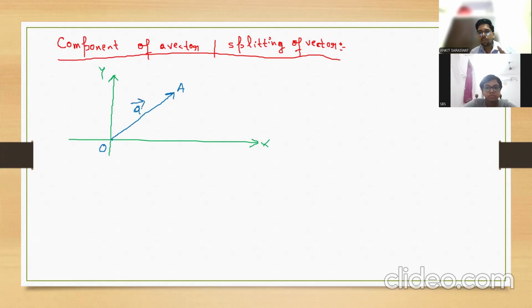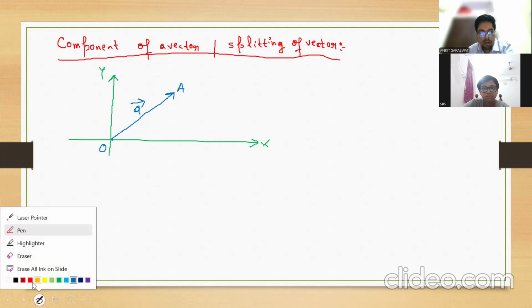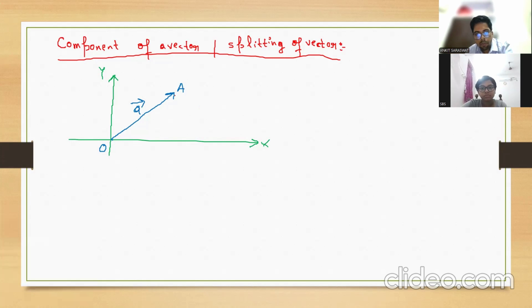So when this vector is moving like this, its projection on x-axis will be moving like this. Already I told you how to find the projection. Just drop a perpendicular. For example, if you want projection on x-axis, then draw the perpendicular on x-axis like this. Then this is the projection on x-axis. Clear?